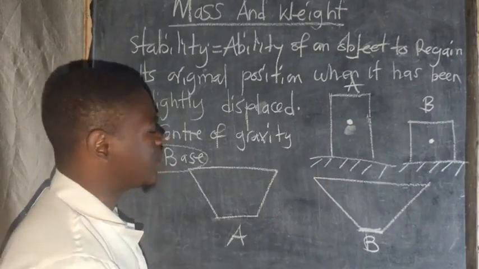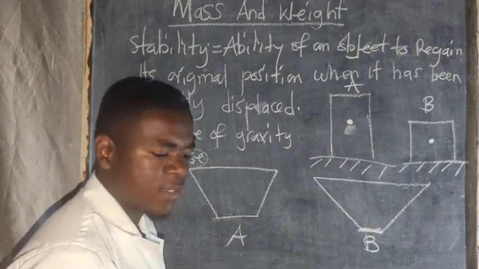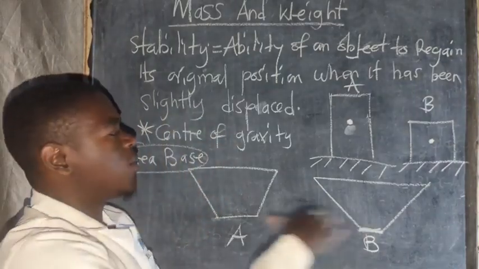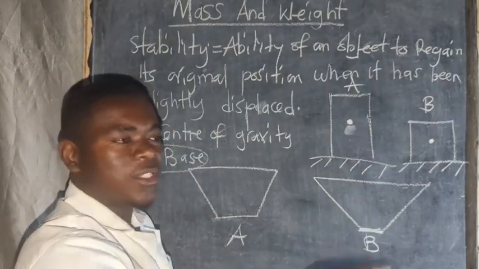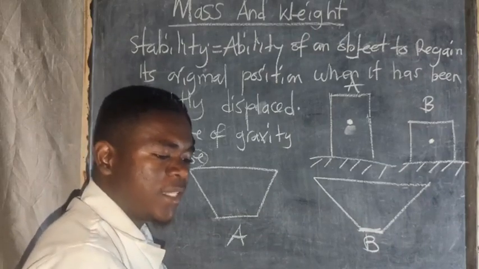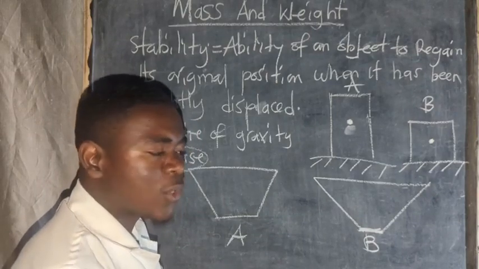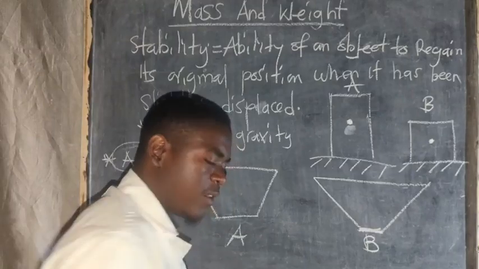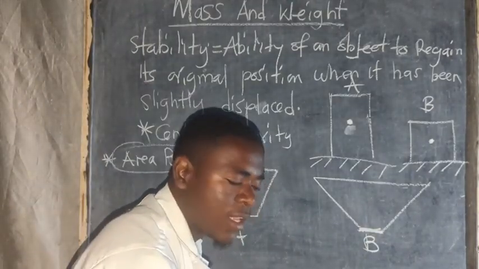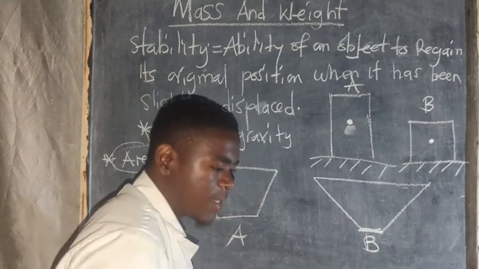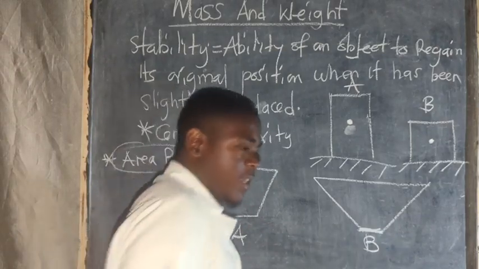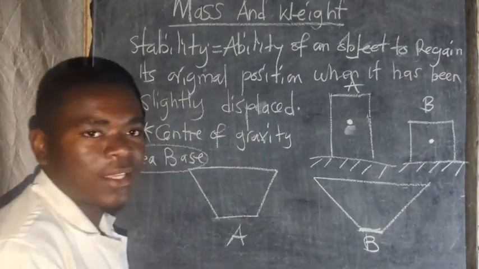So that is why a bus is advised to have luggage put down there, not on top, because when they are put on top, you discover that the center of gravity is affected, hence the stability is also affected. That's why buses that carry things on top, with nothing down there, once they meet a bump or maybe a certain hill, can even go that way, upside down like that.